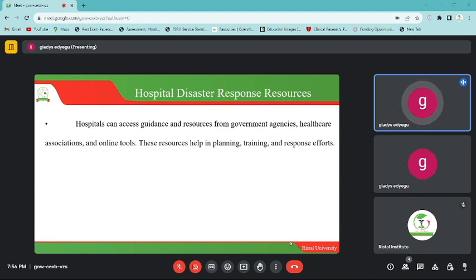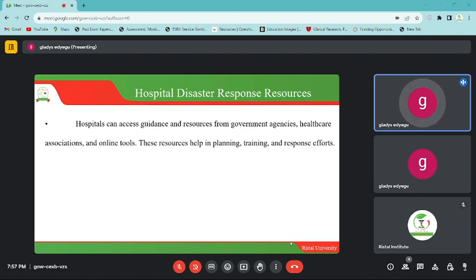And then the healthcare associations, we have different healthcare associations that can also give us resources in relation to maybe drugs, in relation to protective gear, depending on the type of disaster that has occurred. And online tools, there are different tools that we need. Either we need tools for collecting data, and that data can be used for helping in decision making. It can help us in planning.